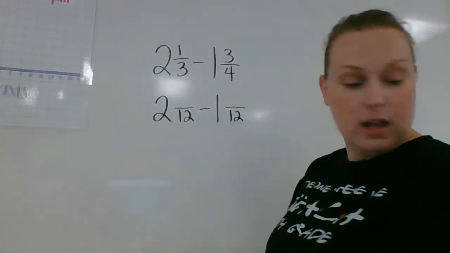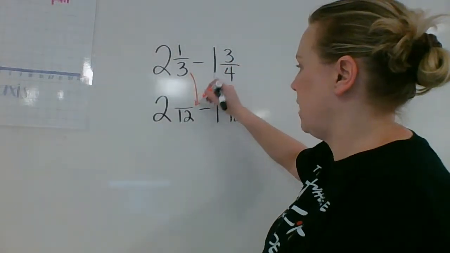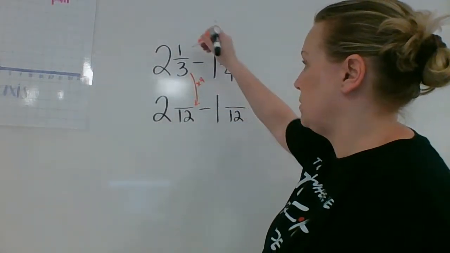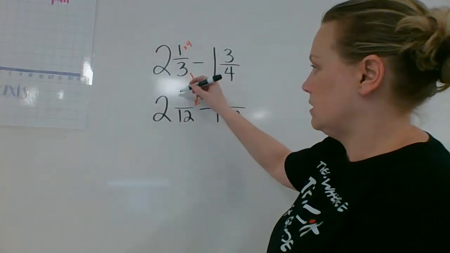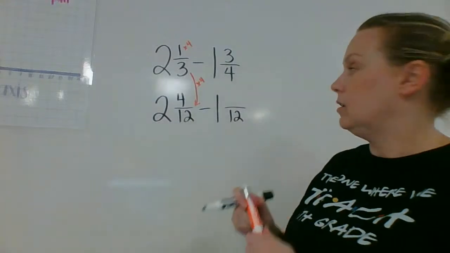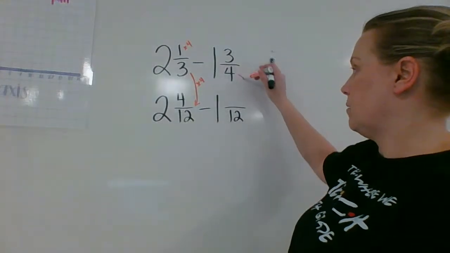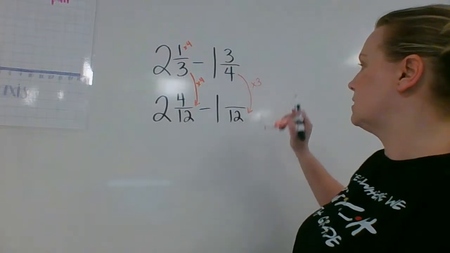How do we get from thirds to twelfths? By a times 4, which means we have to do the same thing to the top. And 4 is our new numerator. 3 fourths become twelfths by making 3 times as many pieces.